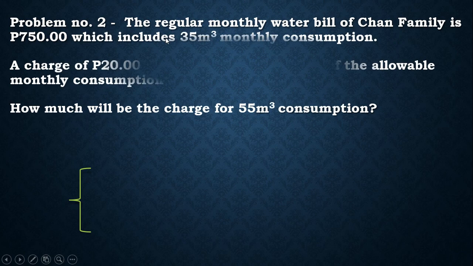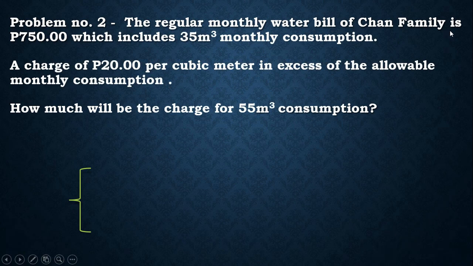Now, problem number 2. The regular monthly water bill of the Chan family is 750 pesos, which includes 35 cubic meters monthly consumption. A charge of 20 pesos per cubic meter applies in excess of the allowable monthly consumption. The question is, how much will be the charge for 55 cubic meters consumption?